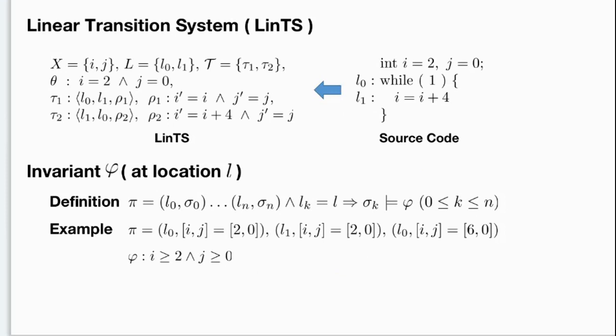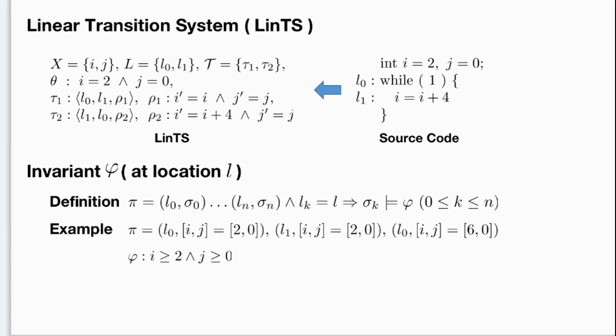We consider linear transition systems as the underlying model for invariant generation. A LinTS is a tuple where X is a finite set of real-valued variables such that each variable represents the current value of the variable. L is a finite set of locations.